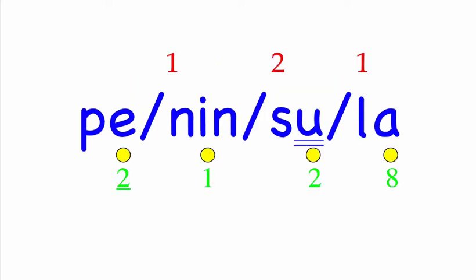Nin, 3 sounds: n, i, n. Su, 2 sounds: s, u. Law, 2 sounds: l, aw. Pe-nin-su-law. Mark this word. Peninsula.